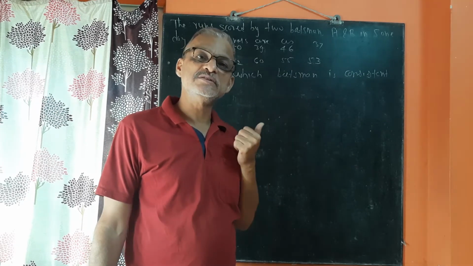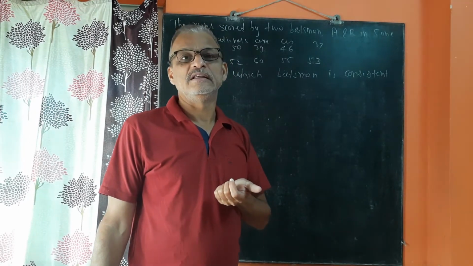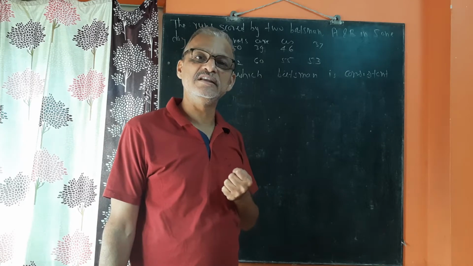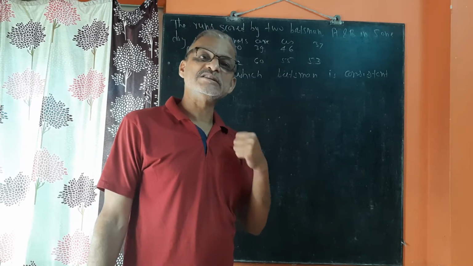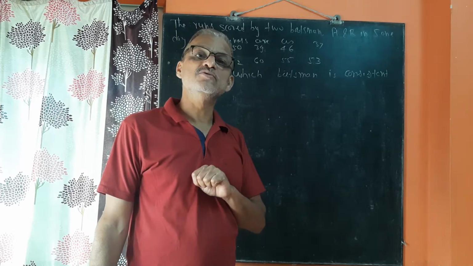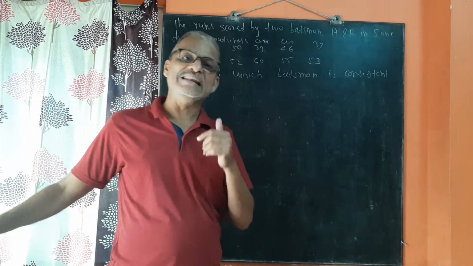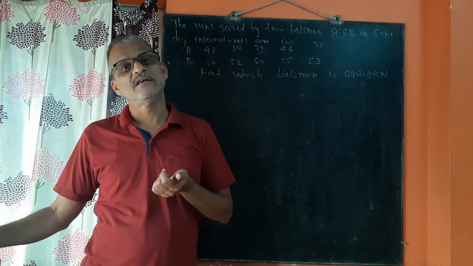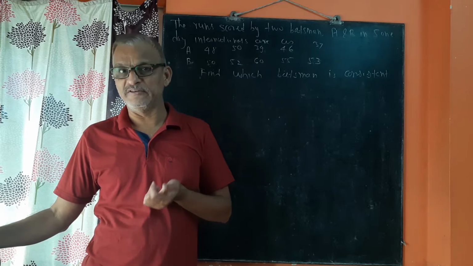Because the batsman who is more consistent may get more chances to be selected in the playing 11. The batsman whose consistency is less, that means whose runs are more variable, has fewer chances of getting selected in the playing 11.